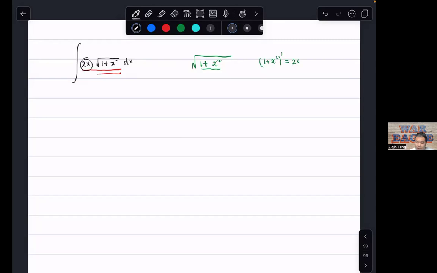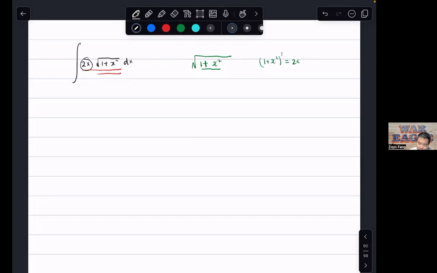How do we get that, right? So you might wonder whose derivative is the outer function, then you times the derivative of the inner function. The outer function is square root, whose derivative is square root, by the integration of power function.